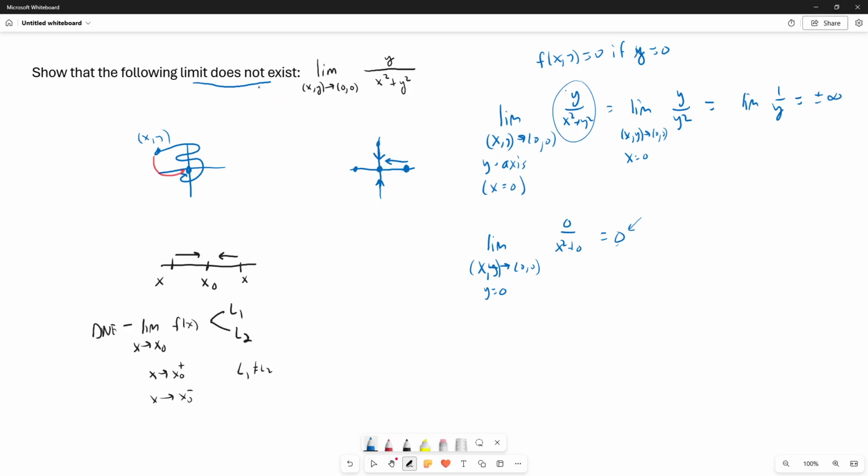So the limit definitely doesn't exist. So since different paths yield different limits, the limit does not exist.